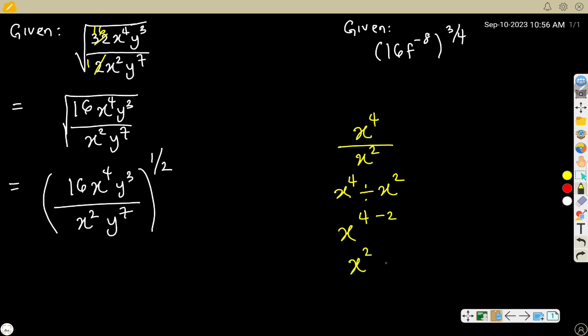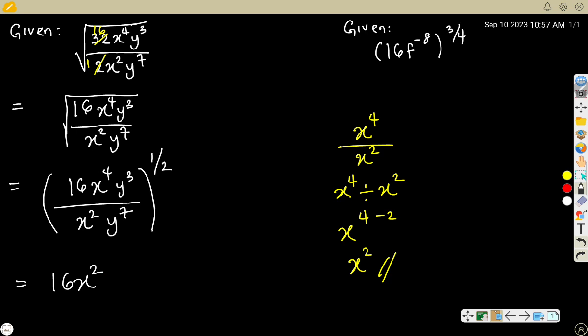So that will be x raised to power 2. So if you say x raised to power 4 divided by x squared, your answer is x raised to power 2 using law of indices. So that means I will have 16 x raised to power 2.